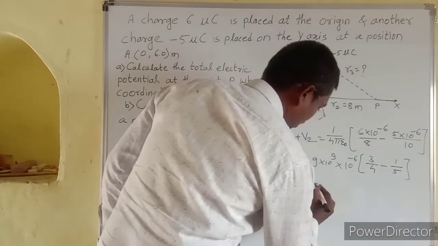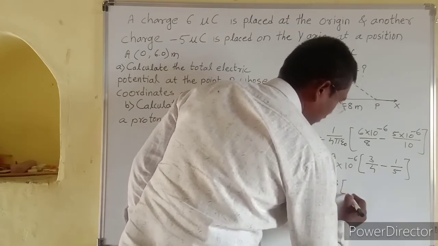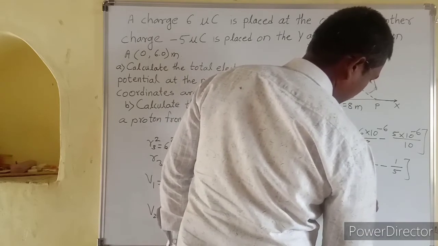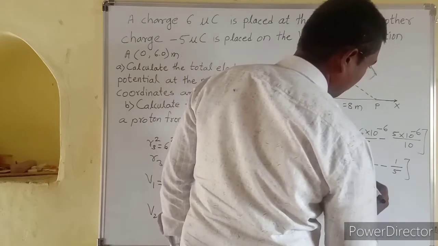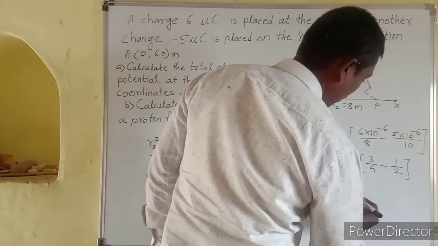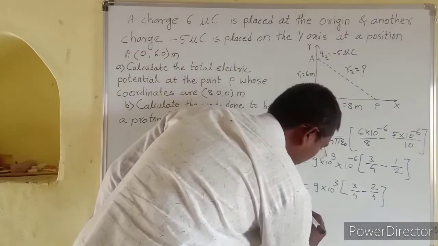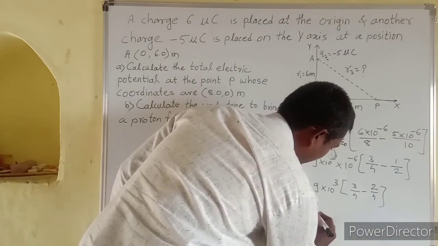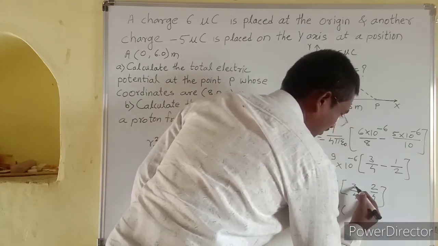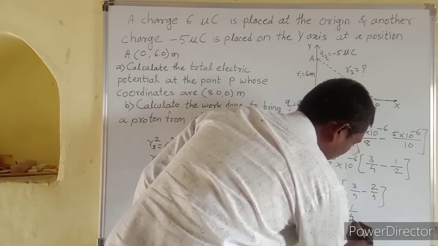Therefore 9 into 10 raised to 3 into 3 by 4 minus 2 by 4, which is equal to 9 into 10 raised to 3 into 1 by 4.